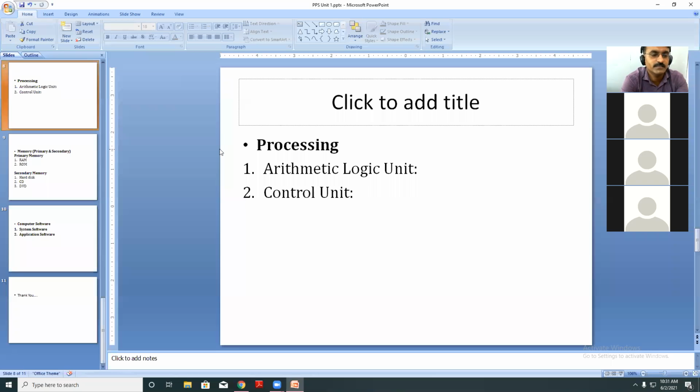Like this we call it a logical operation: and, or, not, nor. Maybe you have gone through these logical operators in basic electrical or electronics, or maybe you will face them in the course.